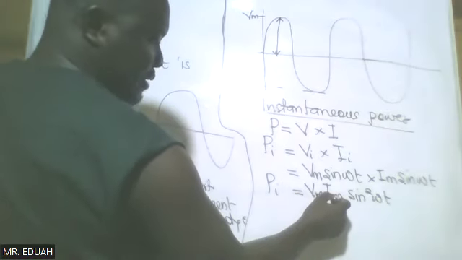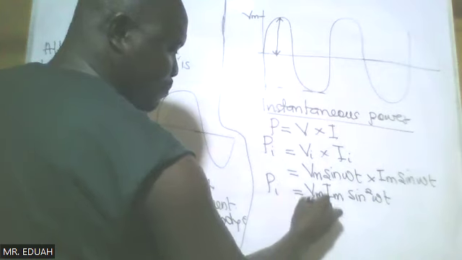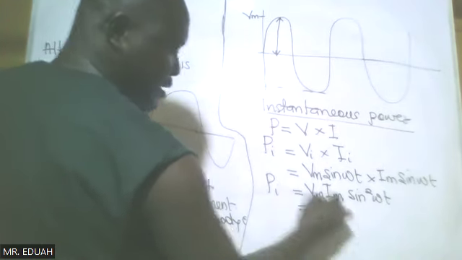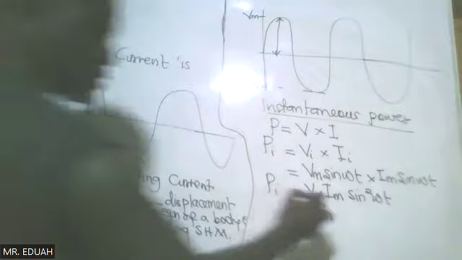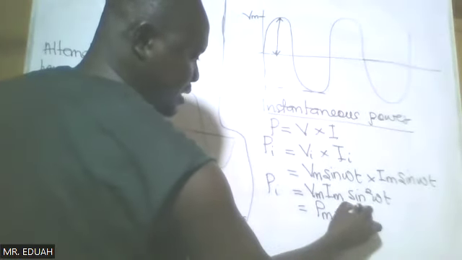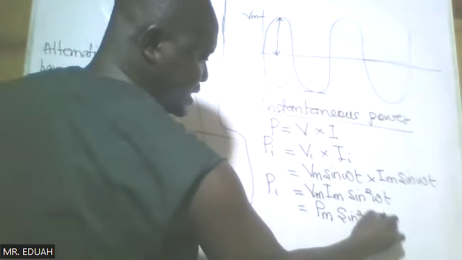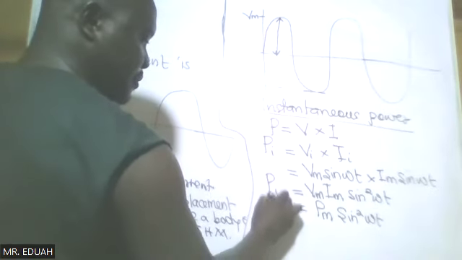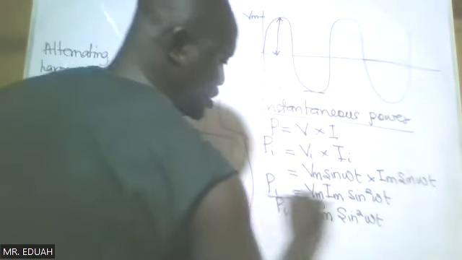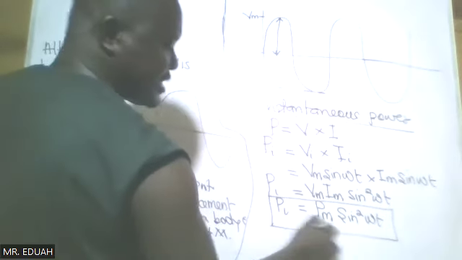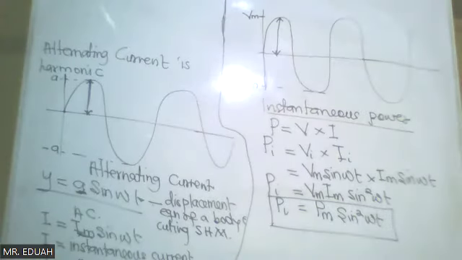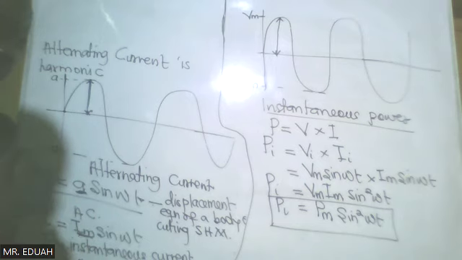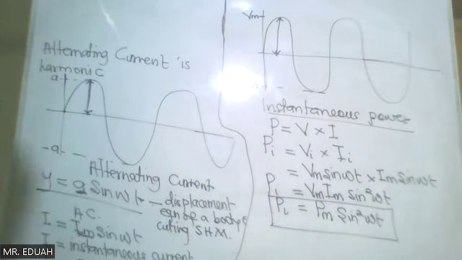Vm times Im gives us peak power, sine squared omega t for instantaneous power. So instantaneous power is given by the peak or maximum power times sine squared omega t. Please, are we okay?